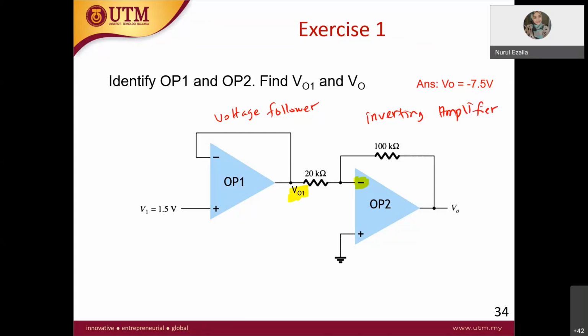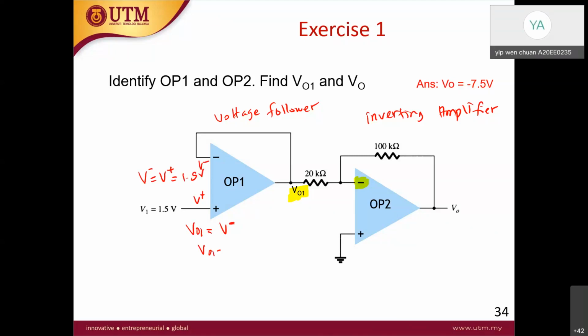All right, now let's calculate for op-amp 1. It is a unity voltage follower. Therefore this is V minus, this is V plus. V out 1 is equal to V minus, and in this case V minus equals V plus, which is 1.5 volt.